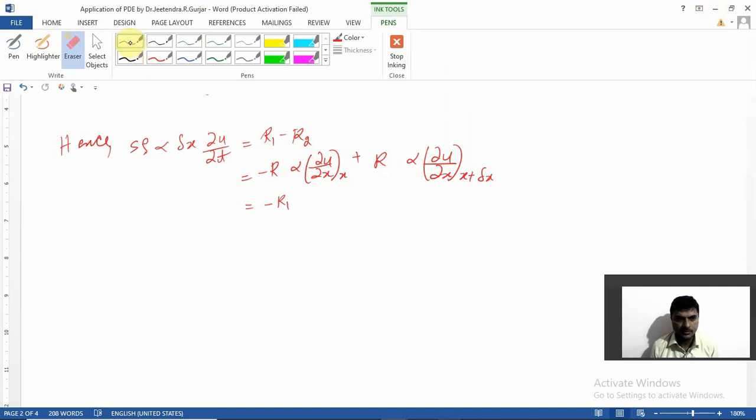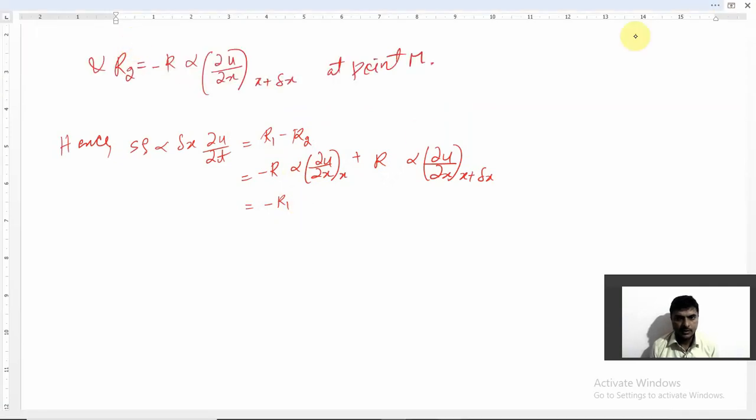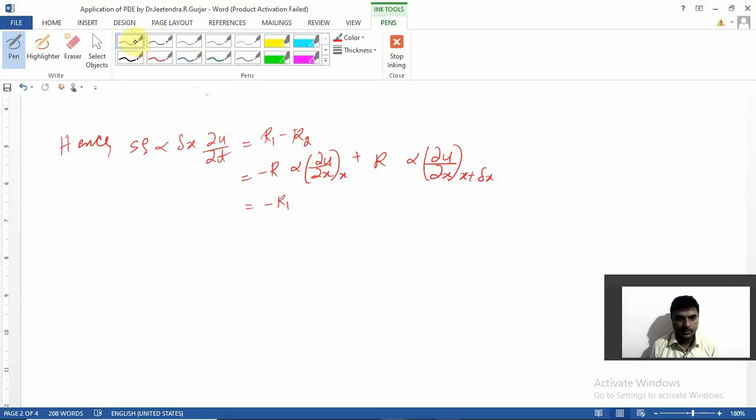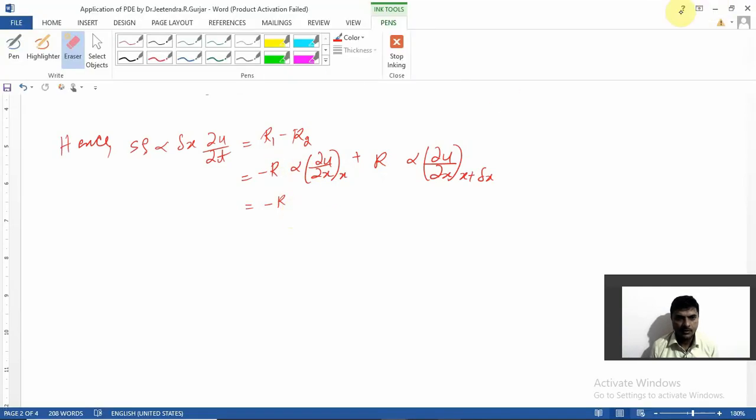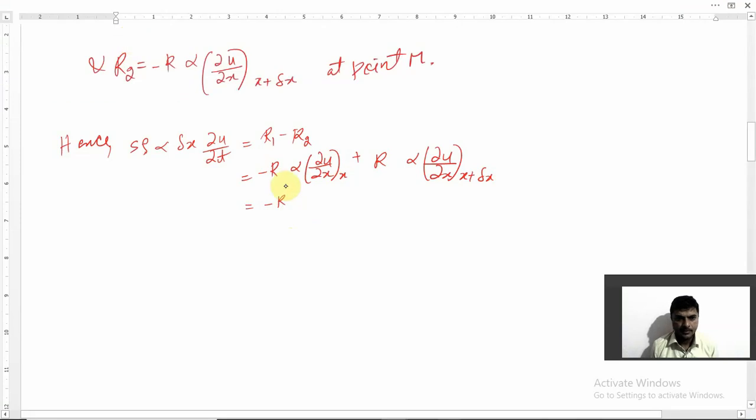Please make the correction. So here, what is common here, students? Yes, R is common in both the equations. So I will take out R. Alpha is common. Alpha I will take outside. Okay, R and alpha are common.